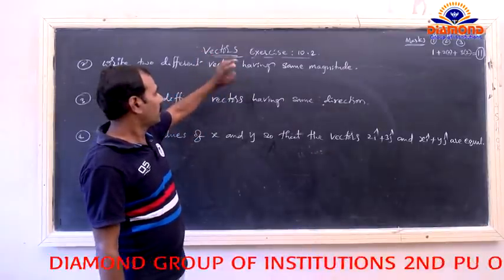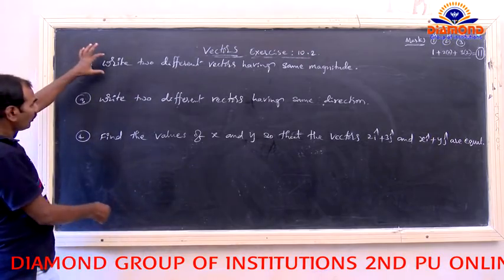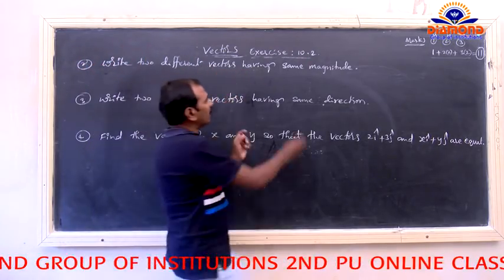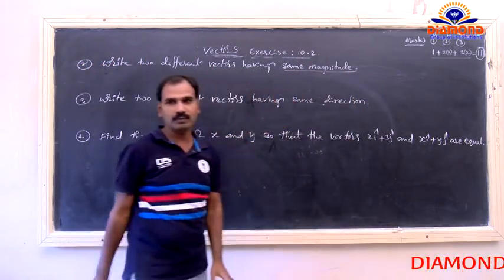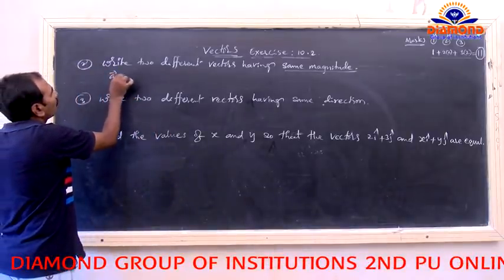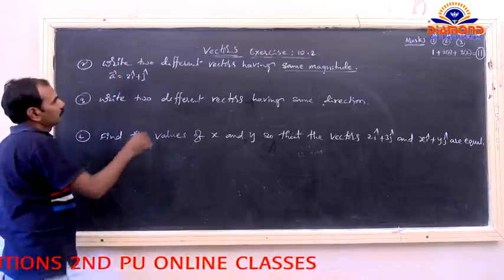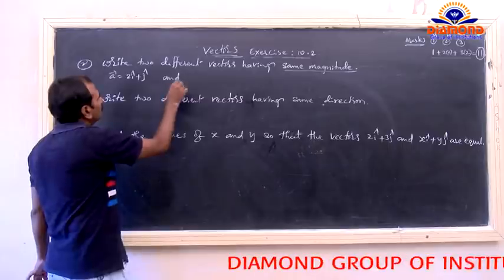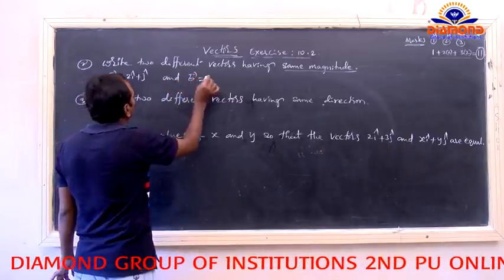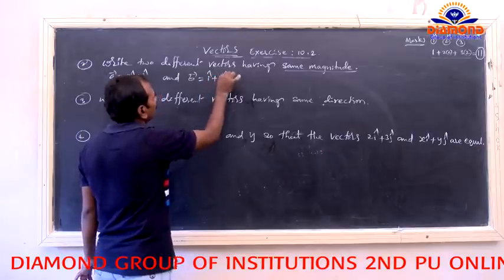Okay. Vectors, Exercise number 10.2. Second question: write two different vectors having same magnitude. Same magnitude vectors, simple. A bar equal to 2 i cap plus j cap and B bar equal to i cap plus 2 j cap.